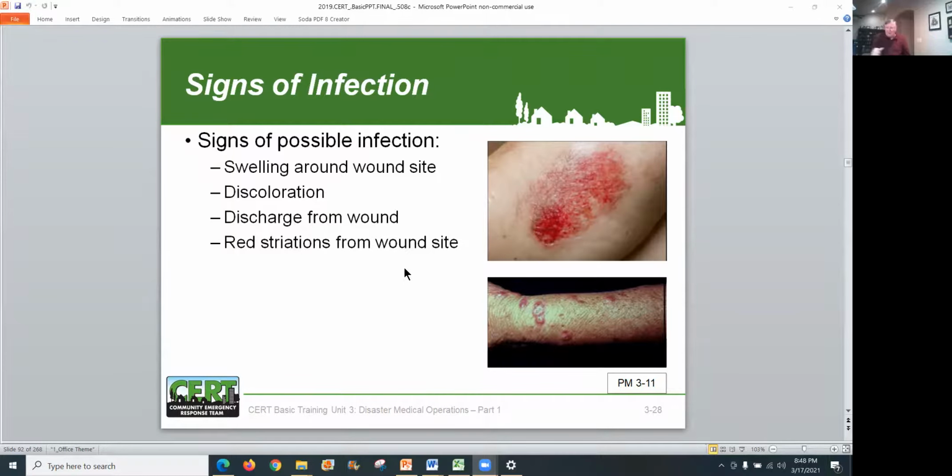I'm sure we can figure out something at your house. When it gets infected, it'll swell, it'll get discolored, and it gets that oozy pus out of it. And the red will be seen like you're seeing here on those pictures.